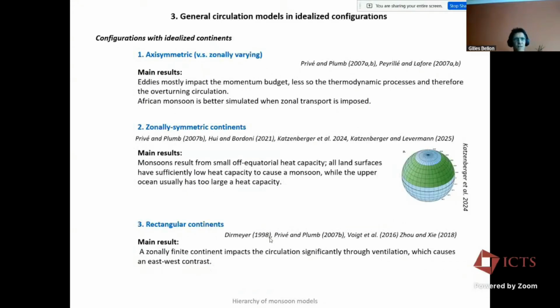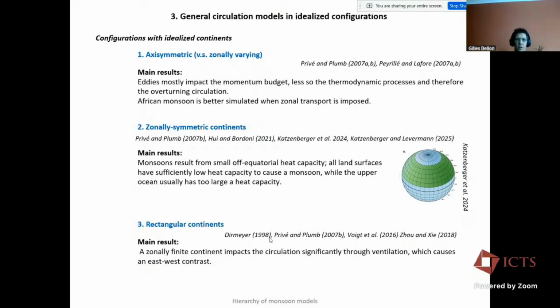And the next level is configurations of general circulation models, but we idealize continents rather than no continents at all. And so you've got axisymmetric versions, and mostly the idea at that point was to look at the difference between axisymmetric versions and non-axisymmetric versions.